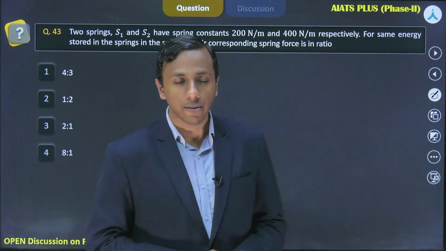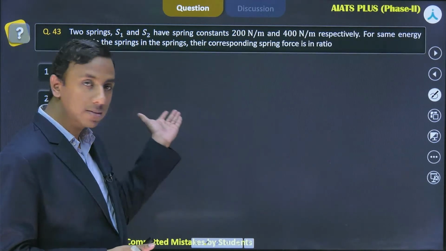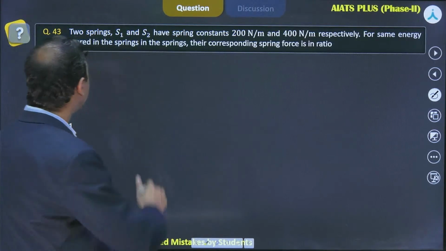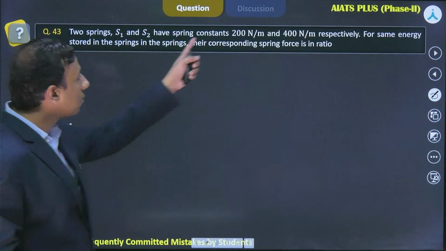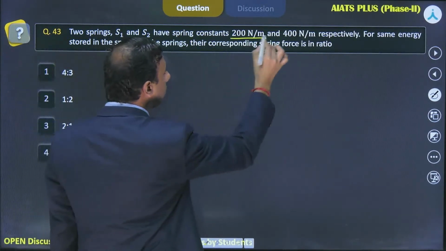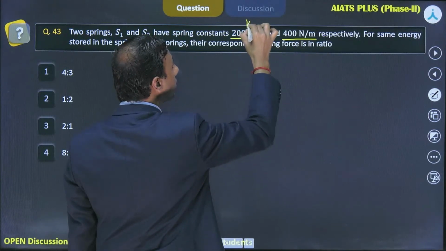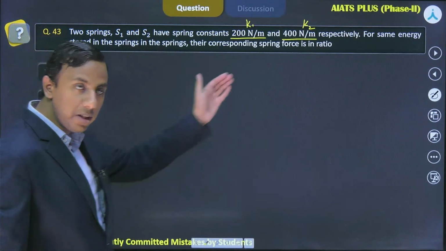We had, if you remember, talked about spring forces, spring energy, right? This pertains to the same topic. If you see, two springs, S1 and S2, have spring constants 200 and 400, right? So let's say the spring constants are K1 and K2, respectively.